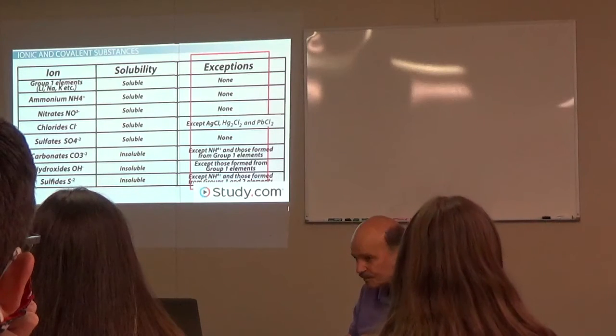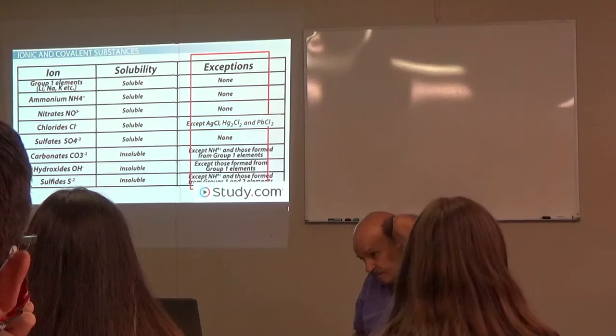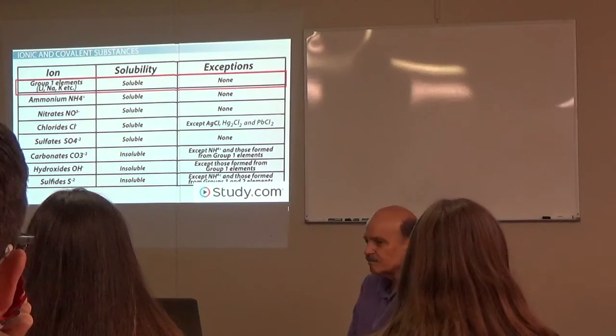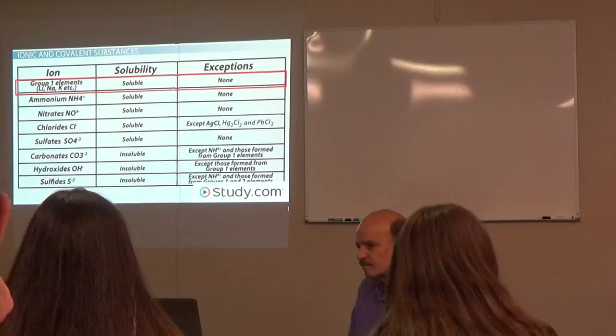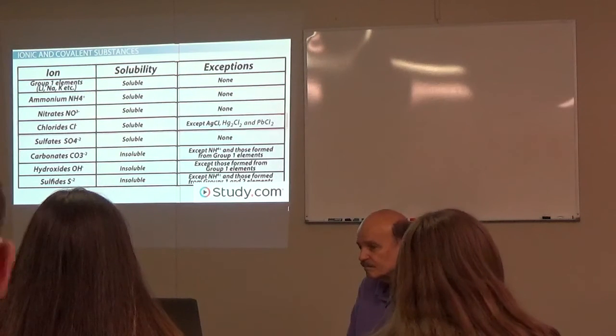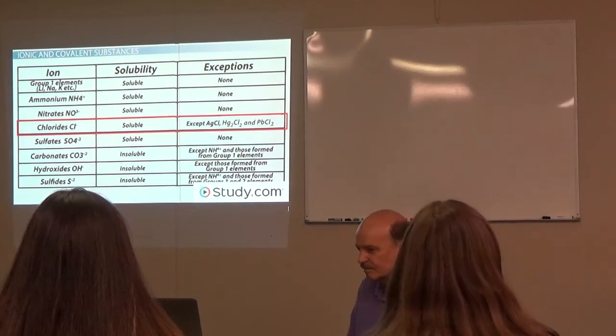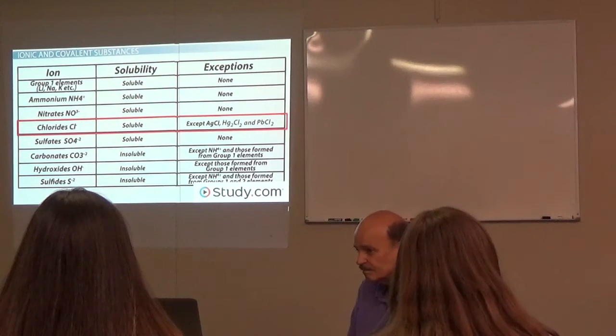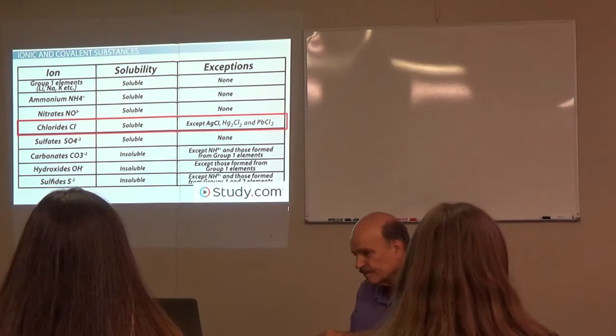And the third column lists any exceptions to the general solubility of the ions in the first column. For example, all group 1 elements are soluble, no exceptions. Chlorides are usually soluble except when in the form of silver chloride, AgCl, mercury 2 chloride, Hg2Cl2, or lead 2 chloride.